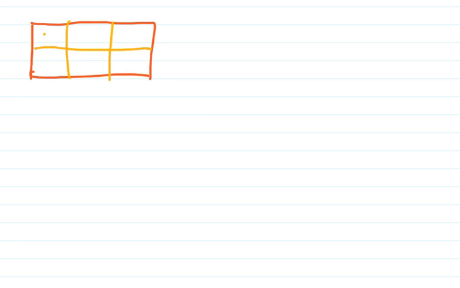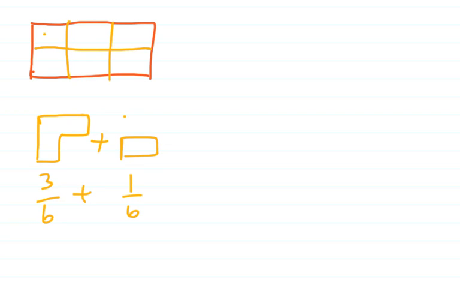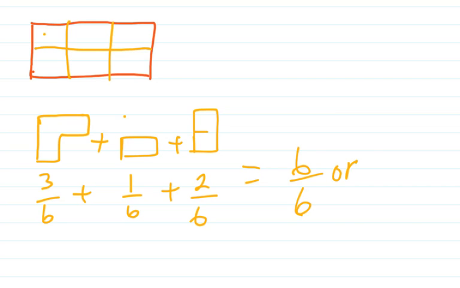I can do it just like this: this is 3/6 plus 1/6 plus 2/6. And when we add those back together, then we get 6/6 or 1 whole.